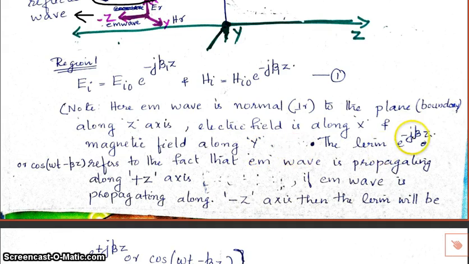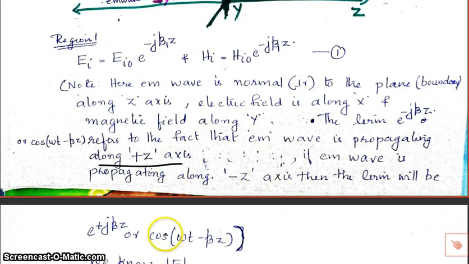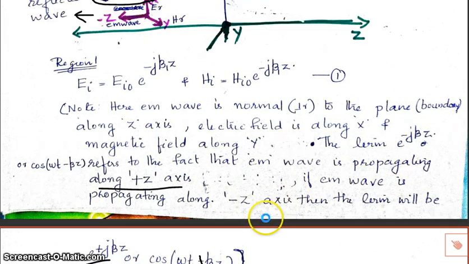Then the term e raised to minus j beta z, or, instead of that, cos of omega t minus beta z, refers to the fact that the EM wave is propagating along the positive z axis. And if you are writing e raised to j beta z or cos of omega t plus beta z, then that means the wave is propagating along the minus z axis.